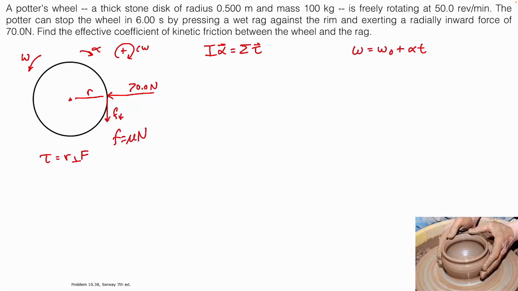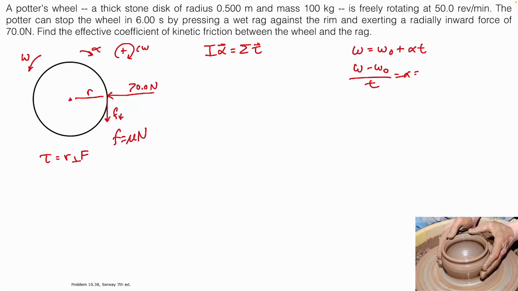All right. So back to this. I can find my alpha. I'm going to need my alpha, I'm going to need my moment of inertia, and I'm going to need my torques. I'm putting the torques off for a second to do something I already know how to do. I can use the first kinematic equation to solve for my alpha. And I think I've been given all this stuff, right? Oh, shoot.